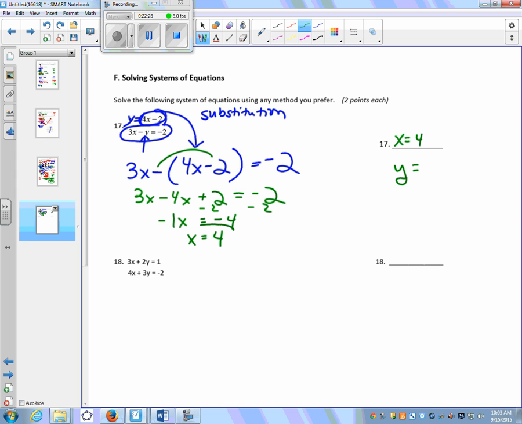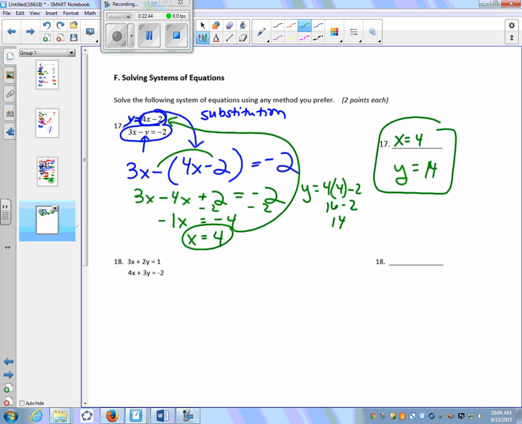So we're going to take x equals 4, we're going to plug it back in to the original y equals 4 times 4 now, minus 2, which is 14. So you can write your answer like this. X equals 4, y equals 14. Or you could write it as an ordered pair, 4, 14, x and y.